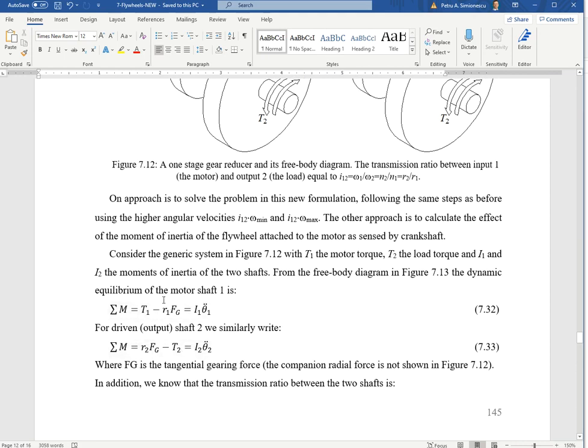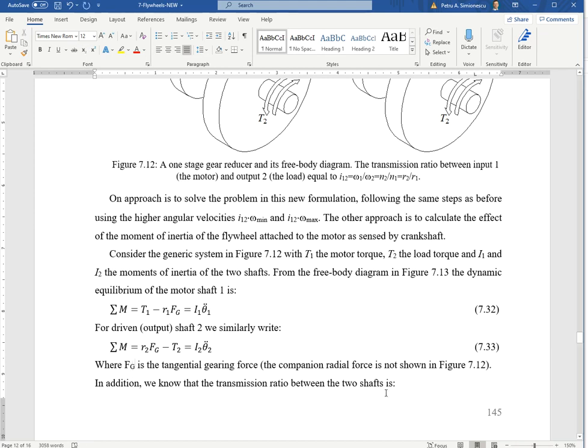The gearing force is the one that's coupling the two equations. So Newton's law for a rotating body: sum of moments is mass moment of inertia times angular acceleration. And again for the second one, I said Fg is the tangential gearing force.